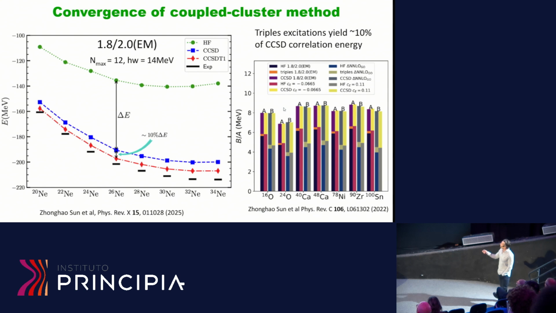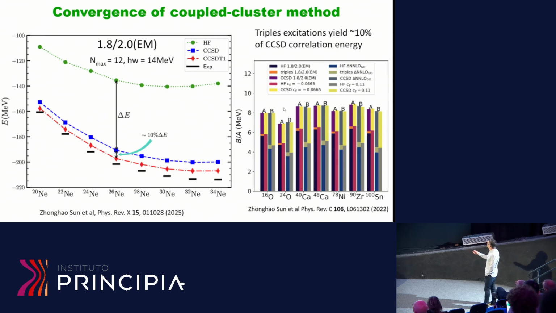We see similar patterns in nuclear physics. This is from deformed neon isotopes. This is the Hartree-Fock energy. This is the coupled cluster singles energy and doubles. And then this is the coupled cluster singles, doubles, and triples. So again, as we see from quantum chemistry, the correlation energy from triples is about 10% of the CCSD correlation energy.